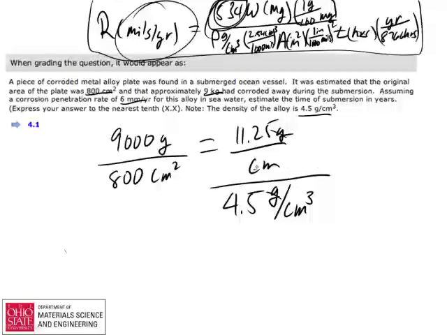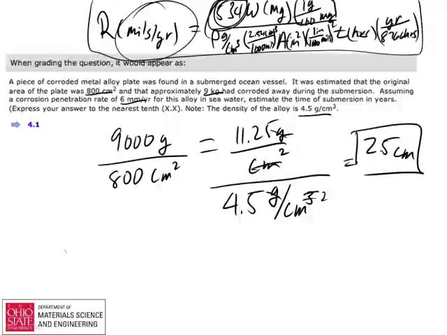That becomes a 2, and I end up with 2.5 per centimeter squared. I end up with 2.5 centimeters of material lost is what we end up getting from that amount.